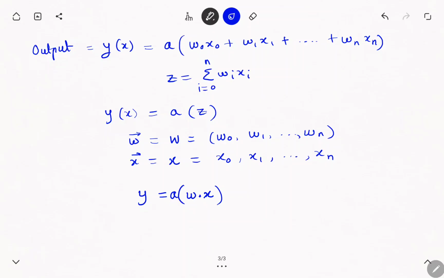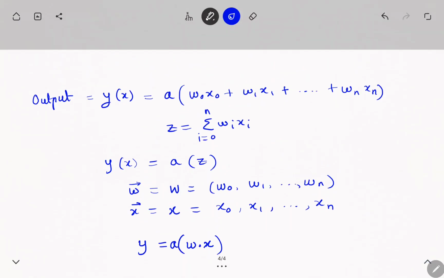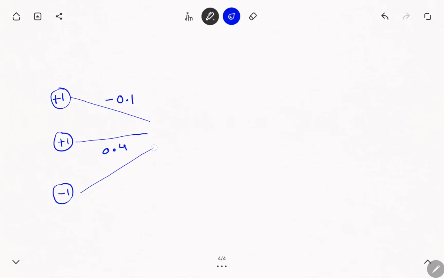Now for example, if I give you a simple perceptron, let's say one input is +1, another input is also +1, third input is -1, here the weight is -0.1, here the weight is 0.4, and here the weight is -0.4.